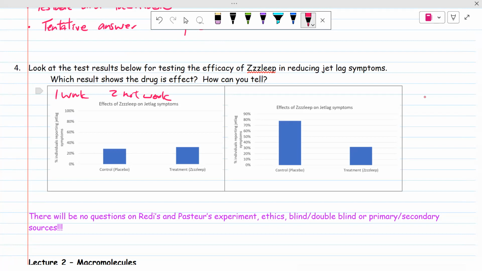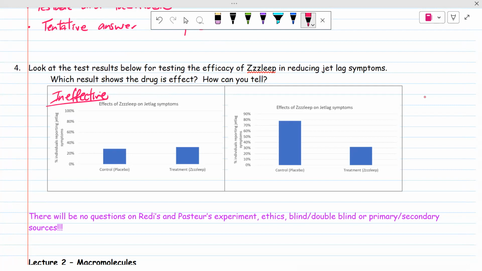Okay, good. Everybody said it doesn't work, and that's correct. So this is ineffective. Why? Because they both work equally well. It's not the drug that's working.